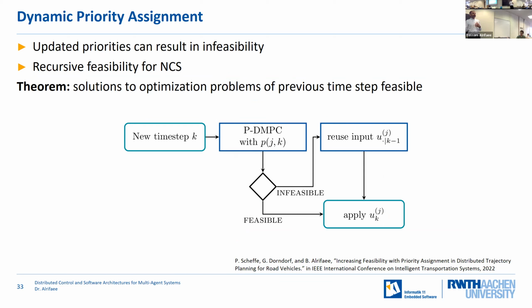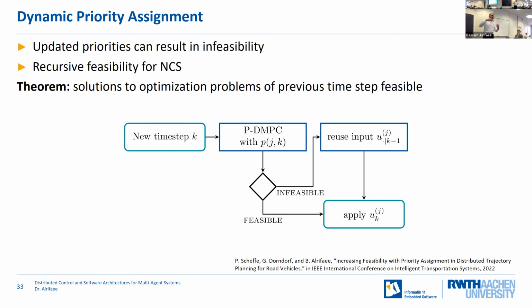So it is prediction consistent only if the solution exists. If a solution doesn't exist, what we can do, we can redistribute the priorities and recompute again. But what if the redistribution of the priorities cannot result in feasible solutions?